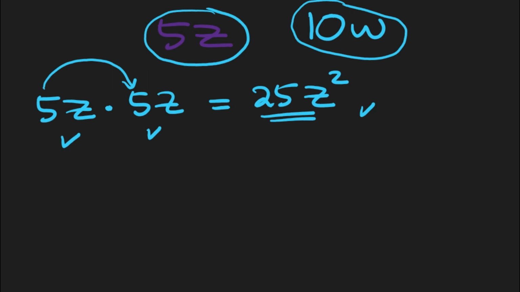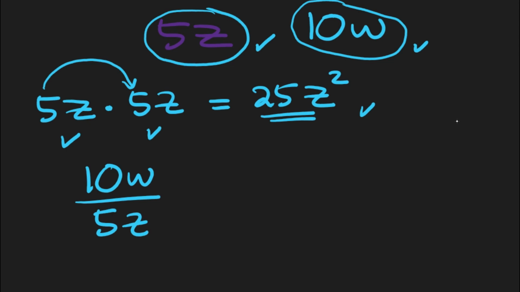Now, how about if we divide these two algebraic terms? Maybe we do this, 10w divided by 5z. Now 10 divided by 5, we get 2. We have 2w over z, right?